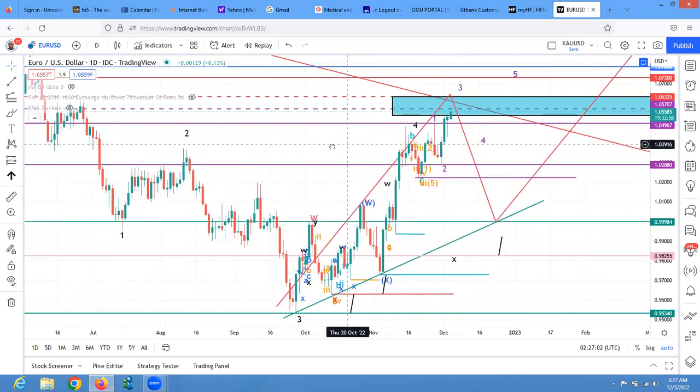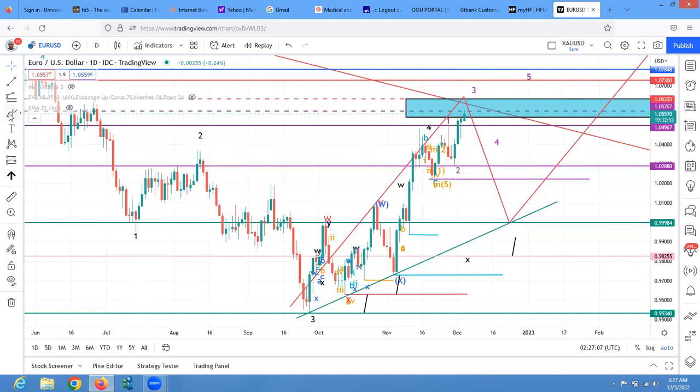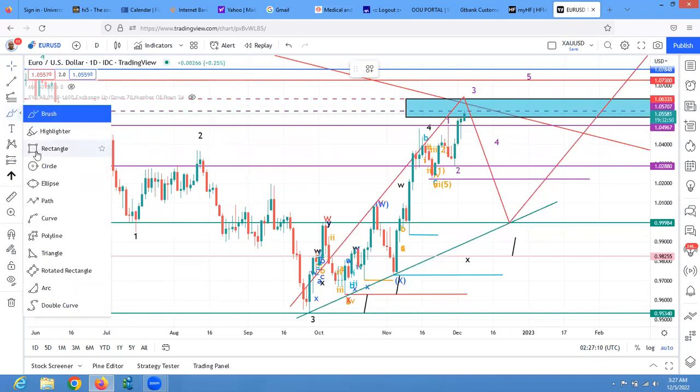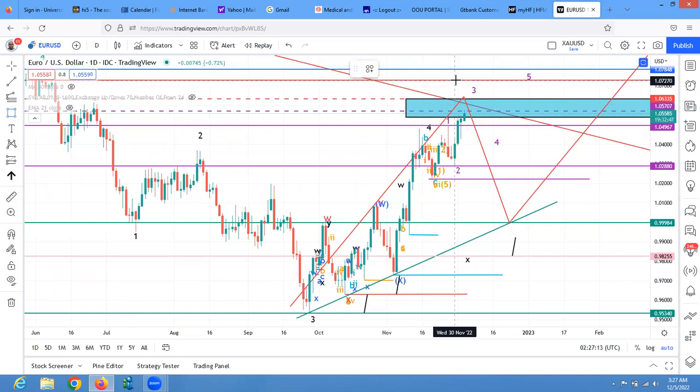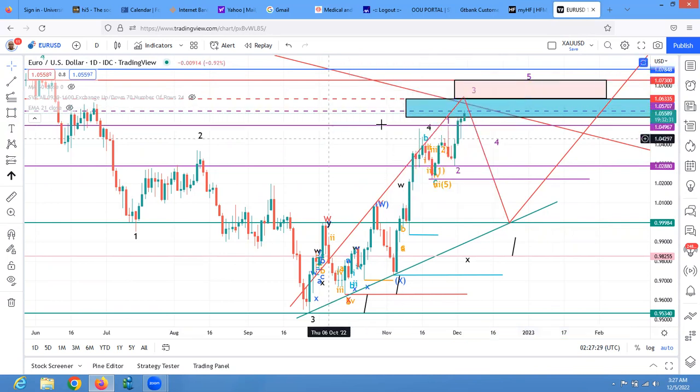So we expect at least price to react around here, at least around here. And that place. So we expect price to react for 3. We may not get up to all this area, but we expect a reaction any moment from now. We should expect a reaction around this area.